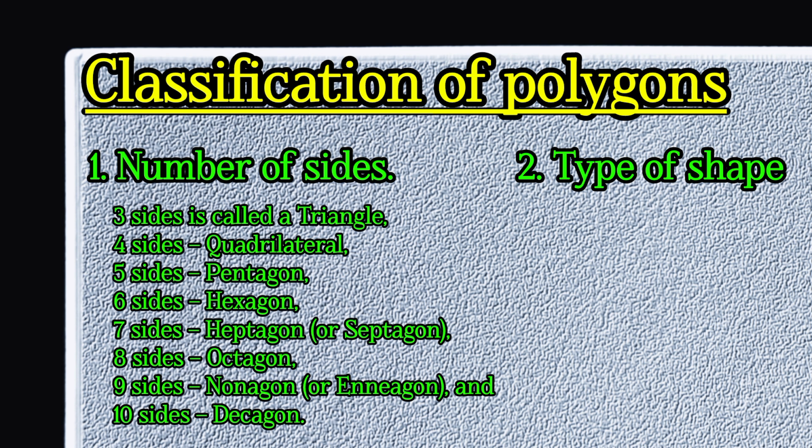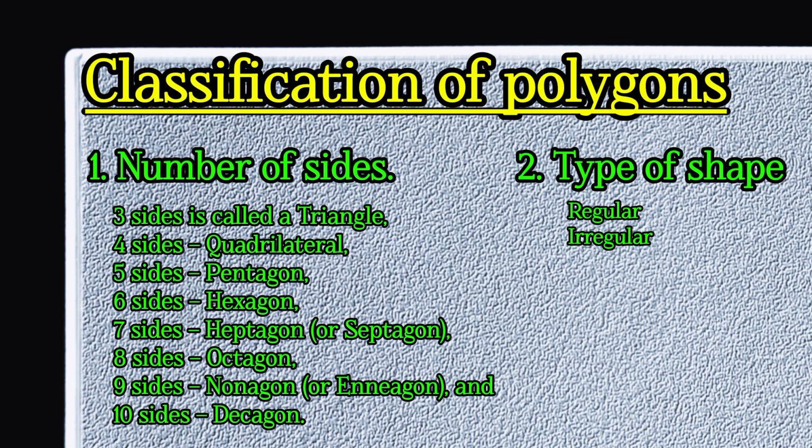With 5 sides, a pentagon. With 6 sides, a hexagon. 7 sides, heptagon. 8 sides, octagon. 9 sides, a nonagon. 10 sides, a decagon, and many others. So based on the shape type, we have regular polygon and irregular polygon.